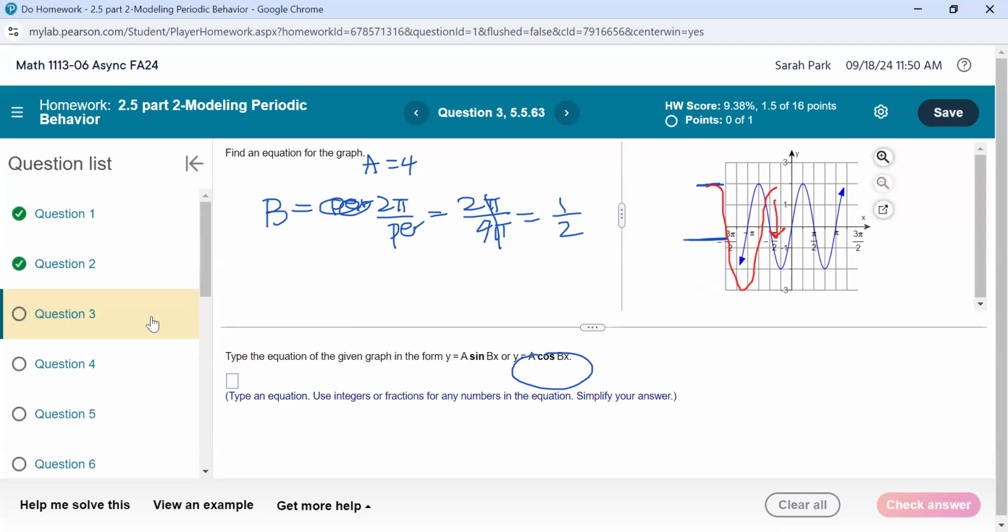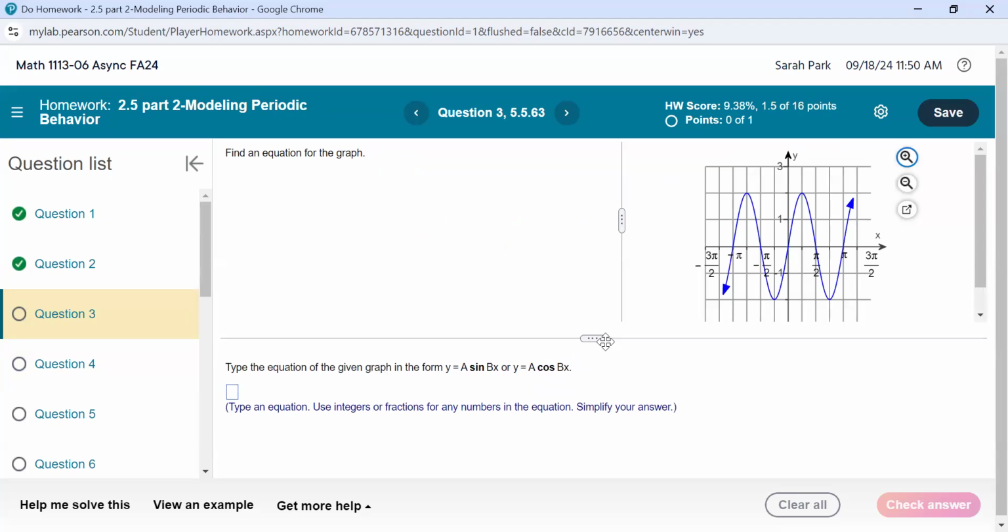Okay, so this one here, you can see that it goes through 0, 0. So I'm going to go with the sine curve. And same idea, see what the amplitude is. The amplitude looks like it's 2. And then the period of a sine curve is it goes from 0, 0 to the top of the curve, down, and then back up.